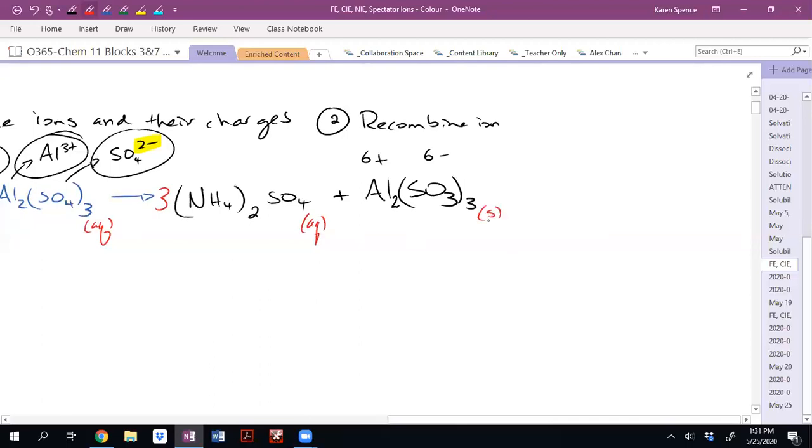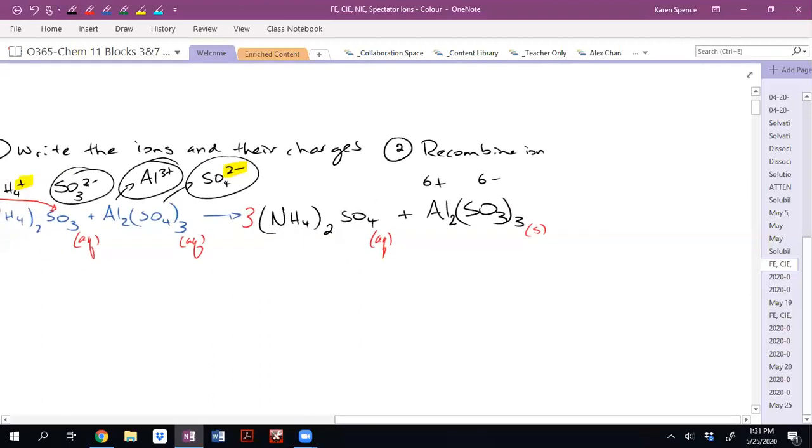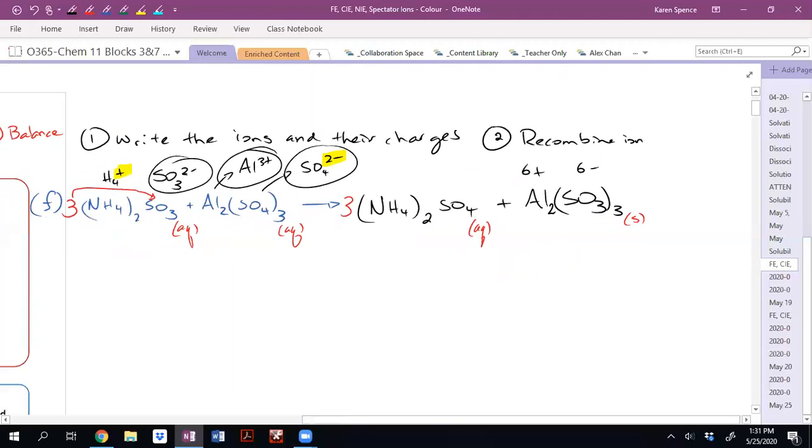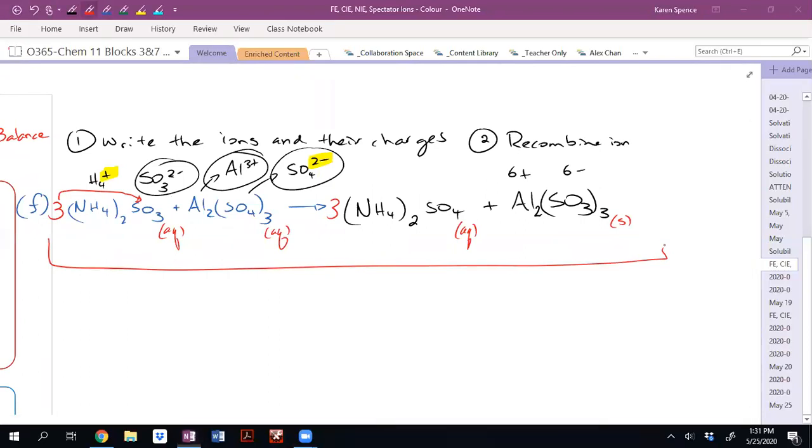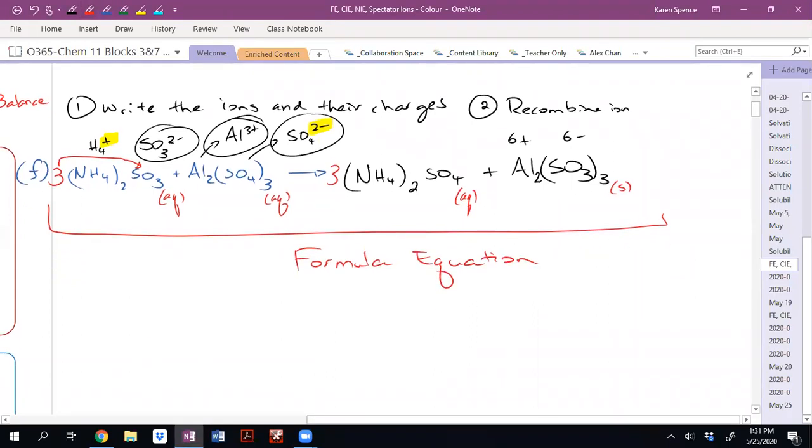Okay, so we've got that. What kind of equation do we call this that we have right here, this whole thing? That is our formula equation, yes. And now from there, we're going to do our complete ionic equation.